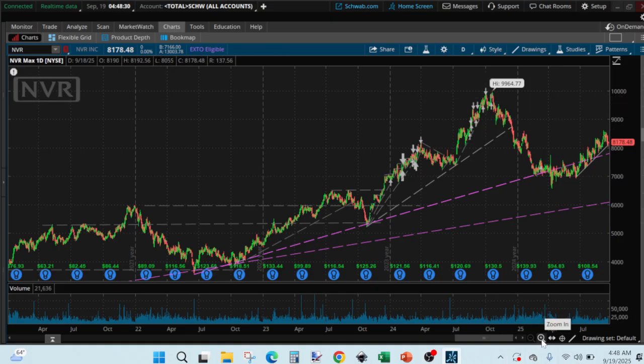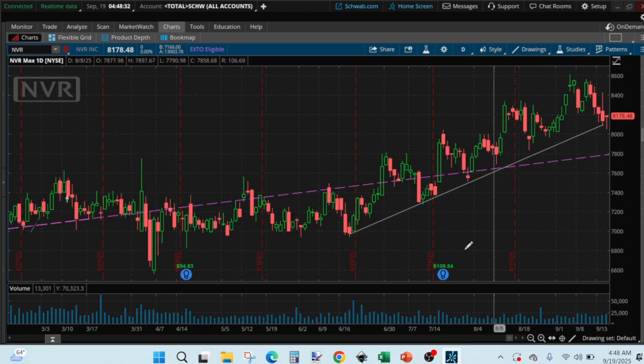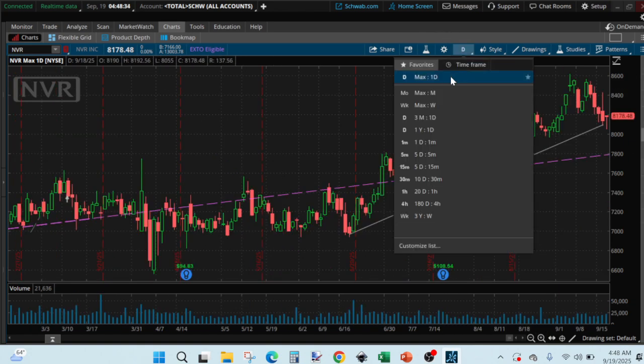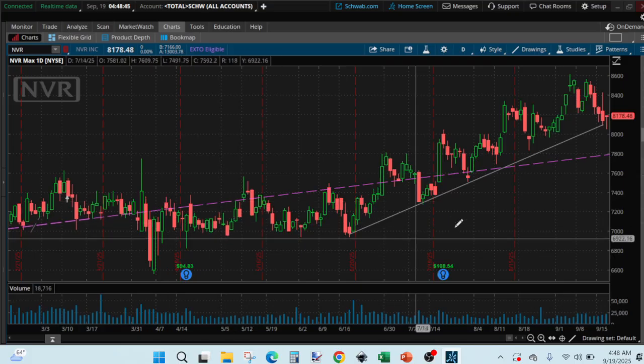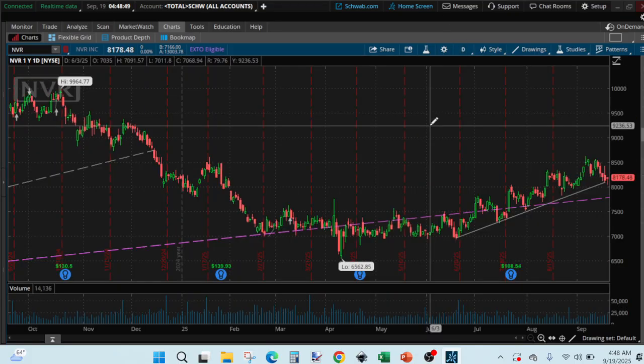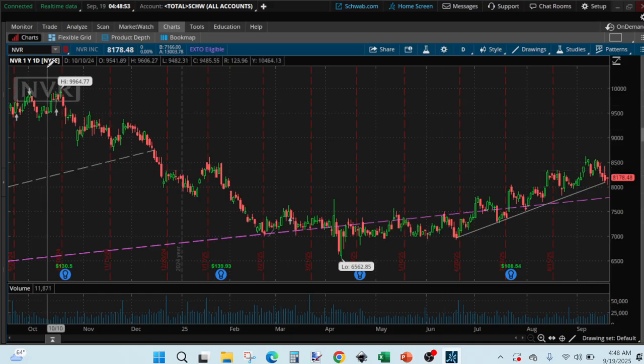If you are using a shorter time frame, like a 1 year daily chart or 3 month daily chart, you'll be looking at something like this that I just zoomed to, but it may not give you a bigger picture of what is going on. If I do 1 year daily chart, you are going to see 1 year time frame here, but still it's too close.